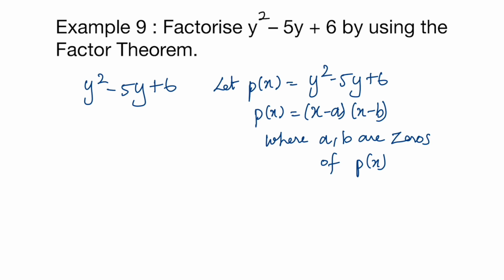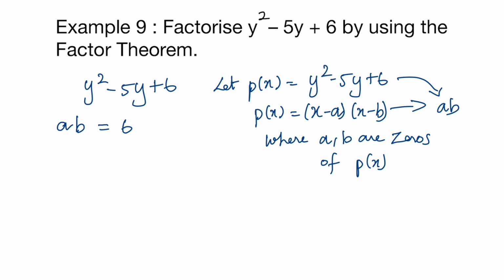Now with that you can tell that ab is going to be your constant, because if you multiply this, the only term that is not going to have x or x squared is ab. That is the constant term, right? And the constant term in this polynomial is 6. So ab is going to be 6.